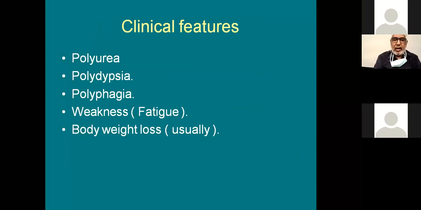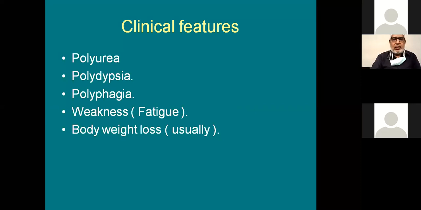What are the different clinical features and symptoms you can observe in a patient? Polyuria, more urinary output, polydipsia, thirst, polyphagia, more eating, and weakness are usually observed in a patient suffering from diabetes mellitus.